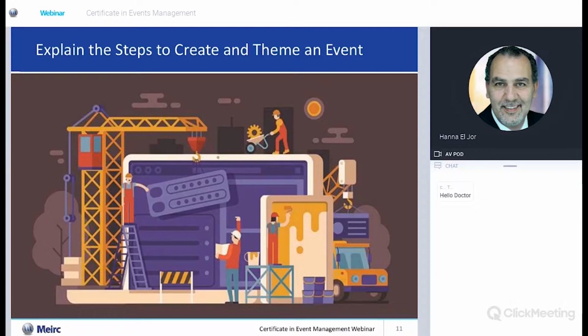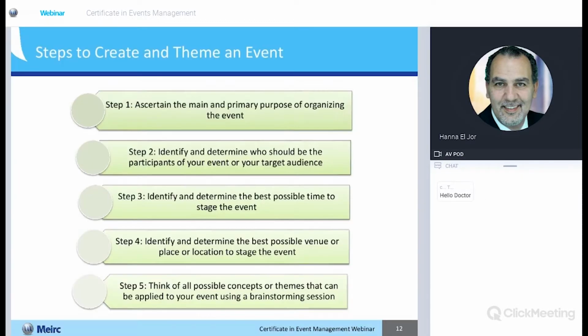Now, the steps that we need to take into consideration. We have a few steps to think of. First of all, when we talk about creating an event theme, we need to ascertain the main and primary reason, the purpose of organizing the event. The why. Why are we organizing this event?